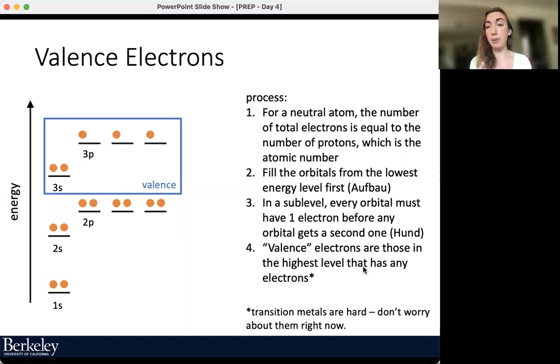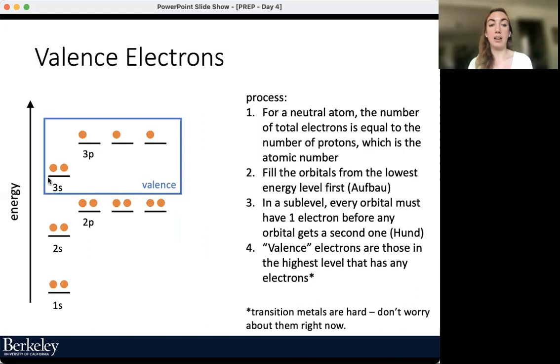As an example, if I just stop here as a random choice, this guy has 15 total electrons. It has 10 core electrons, 1, 2, 3, 4, 5, 6, 7, 8, 9, 10. Those are the lower energy levels that are not the valence shell.